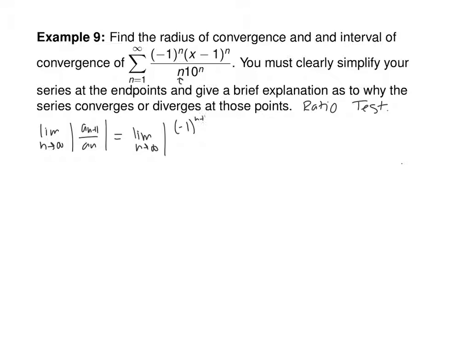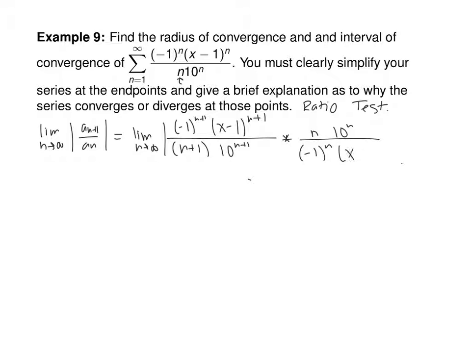So negative 1 to the n plus 1, (x minus 1) to the n plus 1 over (n plus 1) times 10 to the n plus 1, multiplied by n times 10 to the n, over negative 1 to the n, (x minus 1) to the n. Okay, so the negative 1 to the n's don't matter, and let's cancel some stuff.